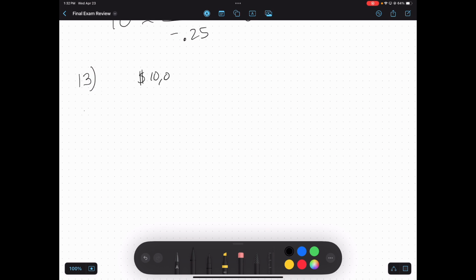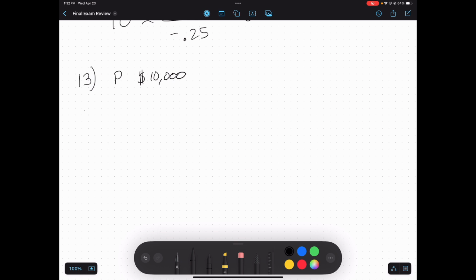What is that 10,000 going to represent? It's the future value. Future value, very nice. So that 10,000 represents my future value, and what am I solving for? The present value. Present value.